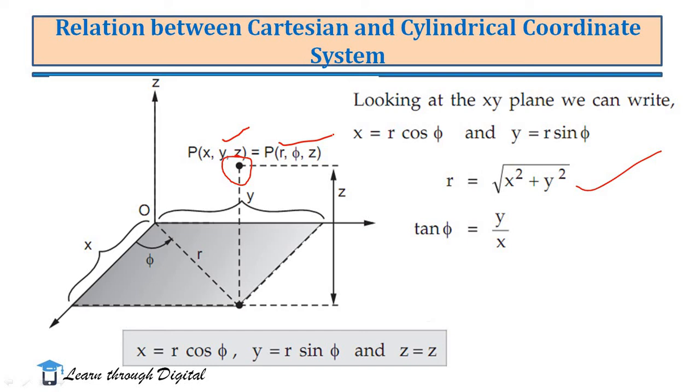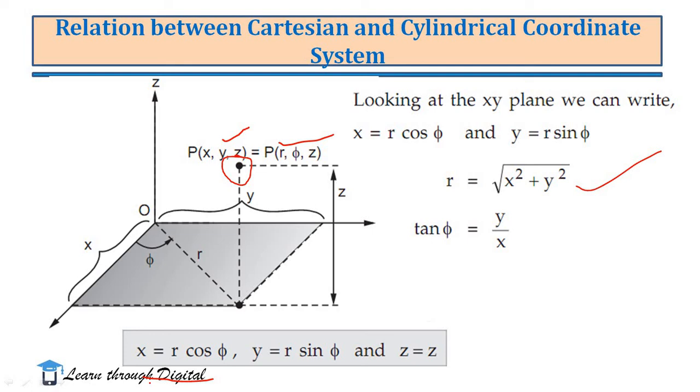Hence, transformation from cylindrical to Cartesian can be obtained from the equations x equals r cos phi, y equals r sin phi and z equals z. This equation gives the transformation of coordinates from cylindrical to Cartesian.